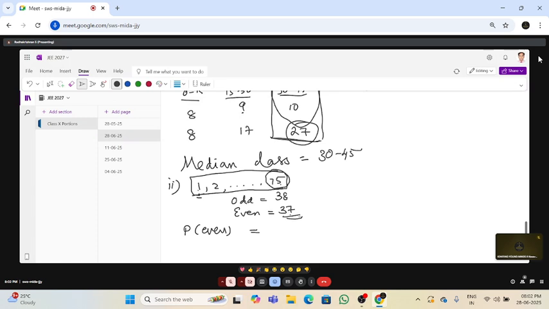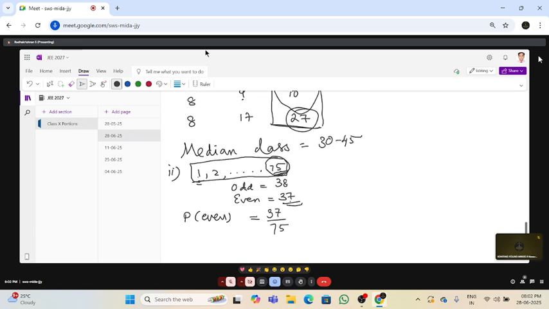There are 37 even numbers out of 75, right? 75 is the total. So the probability of calling out an even number is 37 by 75.